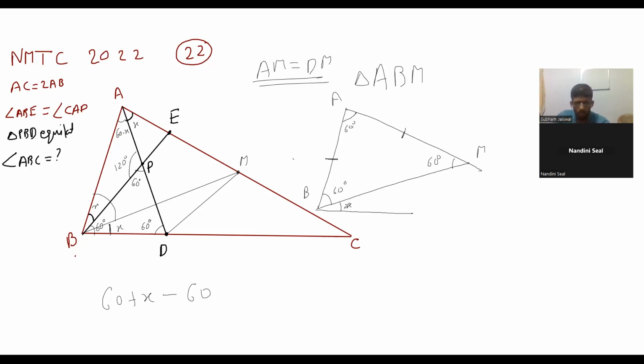So we are missing something here. We need to come here also. This angle C, how much is the angle C? Sixty. 60 minus x, right? 60 minus x, because the total has to be 180.